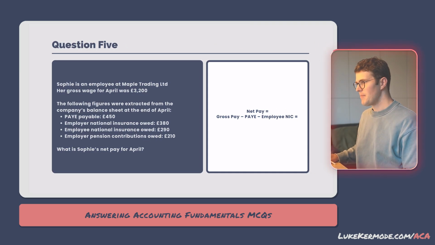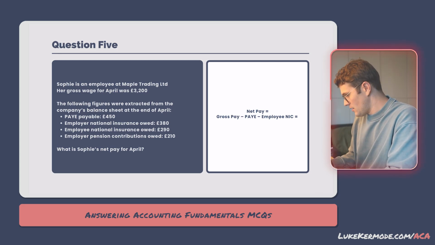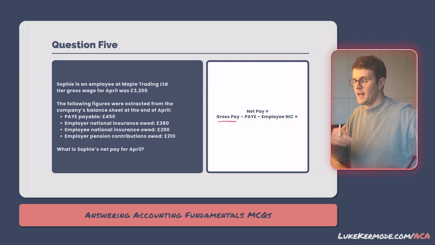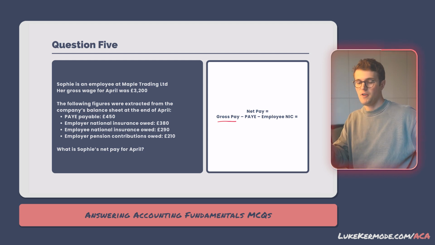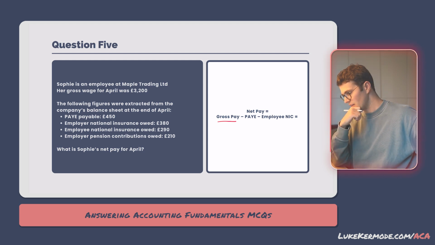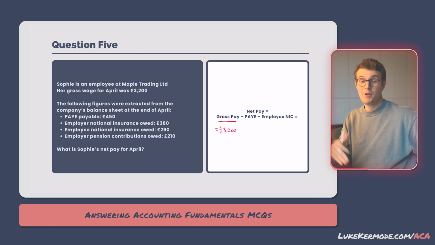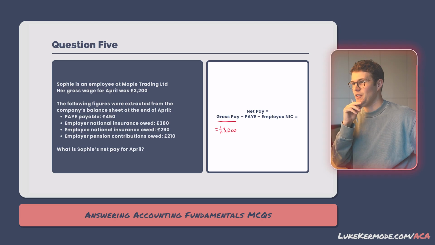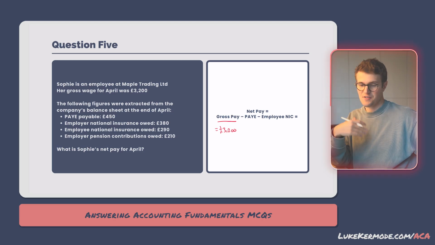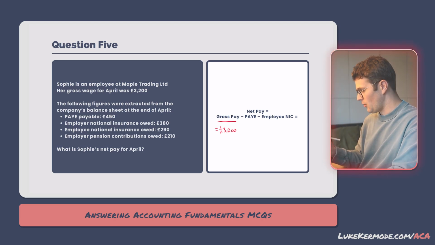So when calculating net pay, we always start with gross pay. That's the total amount Sophie earns before any deductions are made. So that's £3,200. To calculate net pay, we need to deduct any amounts that Sophie herself is responsible for. So that's the statutory deductions taken from her wages.